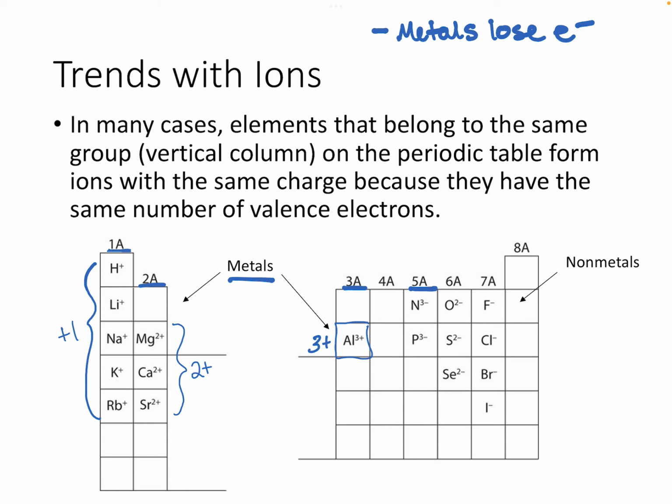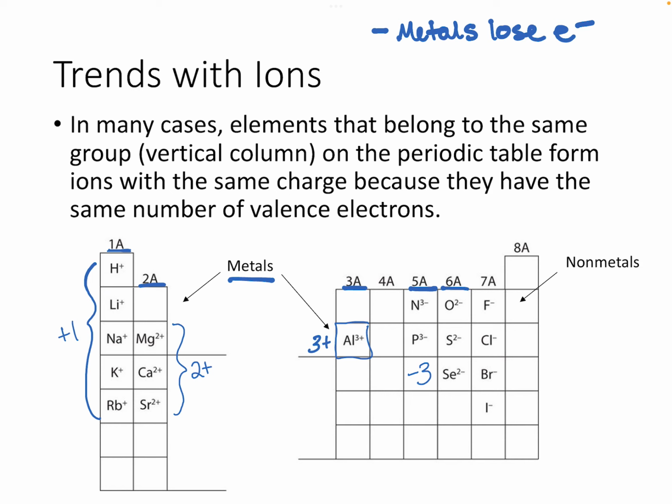So would it be easier for those elements to lose 5 electrons or just gain 3 electrons to get to 8 electrons? Well, it would be easier just to gain 3 electrons rather than lose 5, right? So everything in column 5 is going to gain 3 electrons to have an octet like a noble gas, which means that they'll have a -3 charge.